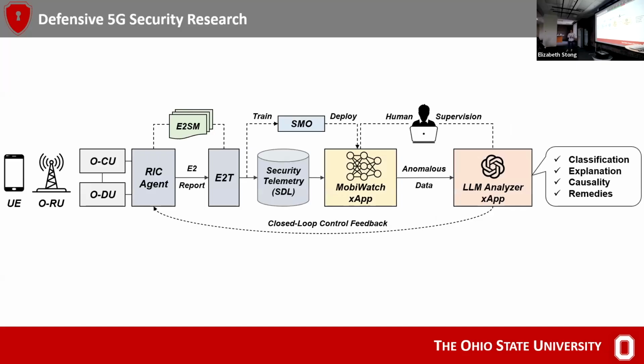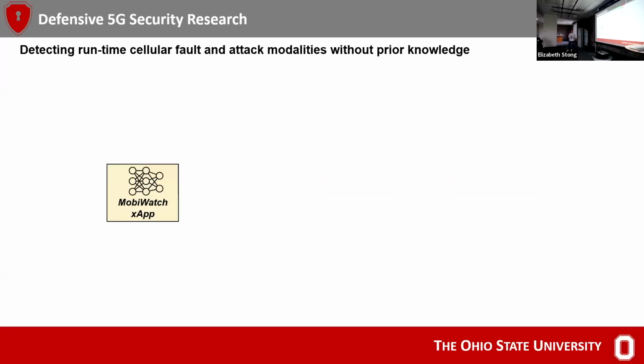What this framework does is that we use a deep learning xApp to detect unseen anomalies and threats, as well as large language models to explain those threats at the edge. Due to limited time, I will just briefly talk about how this framework works.